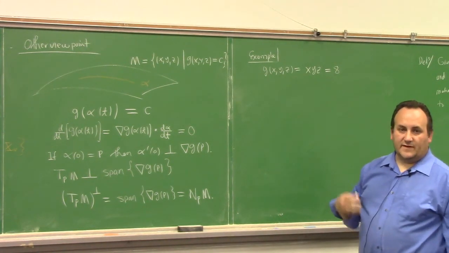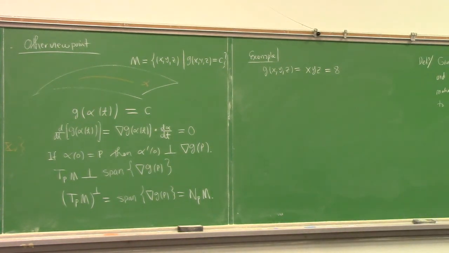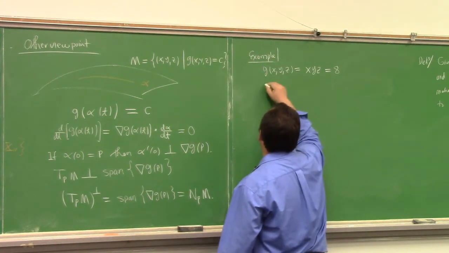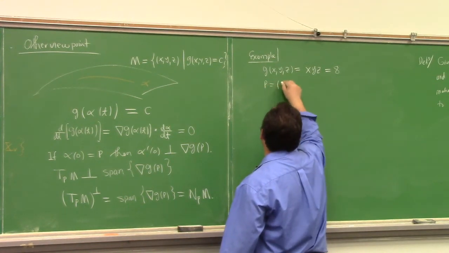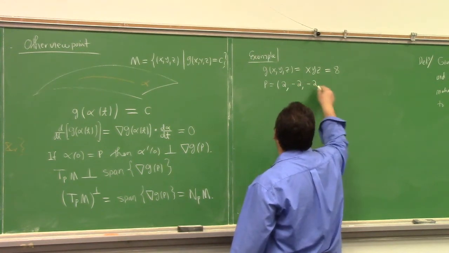I want us to find the tangent space and the normal space to this surface at the point 2, minus 2, minus 2. Let P equal (2, -2, -2).